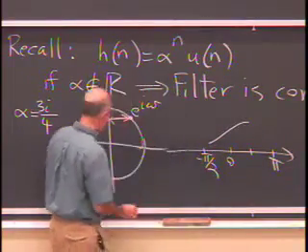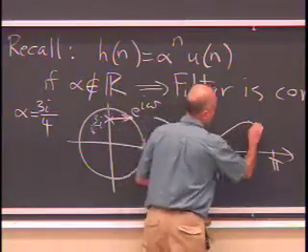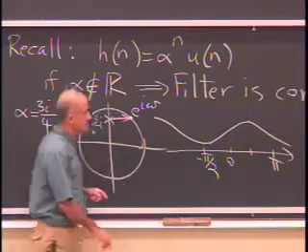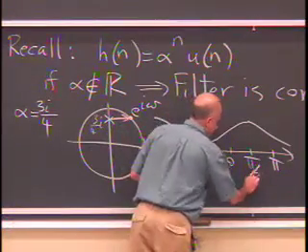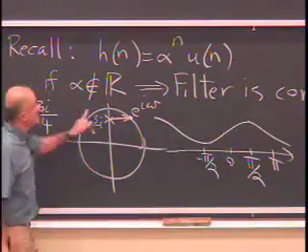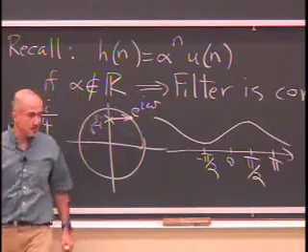Then it starts rising again. This is pi over 2. The problem with this is that your impulse response will be complex valued. Implementing it is more complicated.